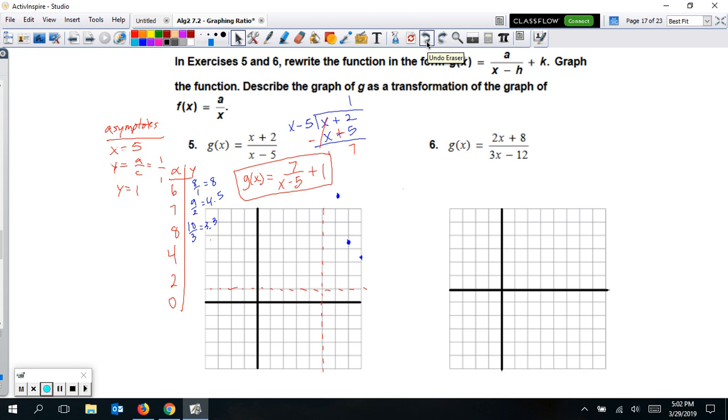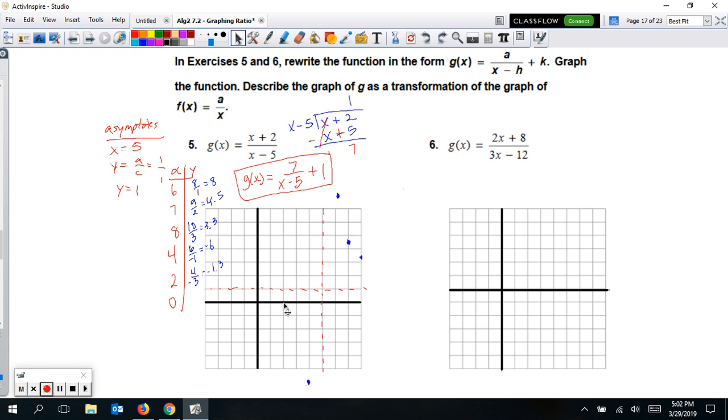And then when I go to 4, I have 4 plus 2, 4 minus 5, so it's 6 over negative 1, which is just a negative 6. And so we're going to come to 4 and go down 6. That's just 1 off the graph this way. And I put 2 in. 2 plus 2 and 2 minus 5. So it's going to be a 4 over negative 3, which is the same thing as saying a negative 1.3. So negative 1.3.